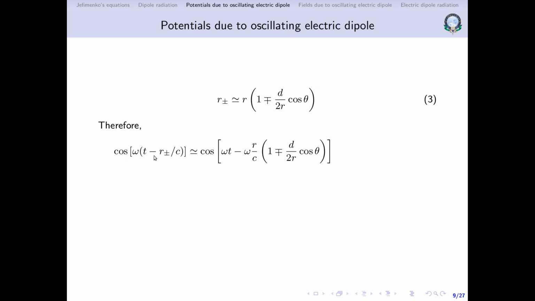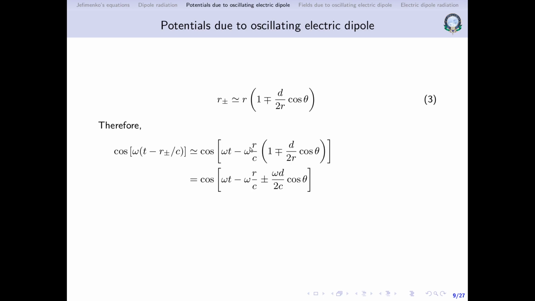So cos of omega t minus r plus minus by c is approximately equal to cos of omega t minus omega r by c times (1 minus plus d by twice r into cos theta). This is what we will get. Now we can open this up.